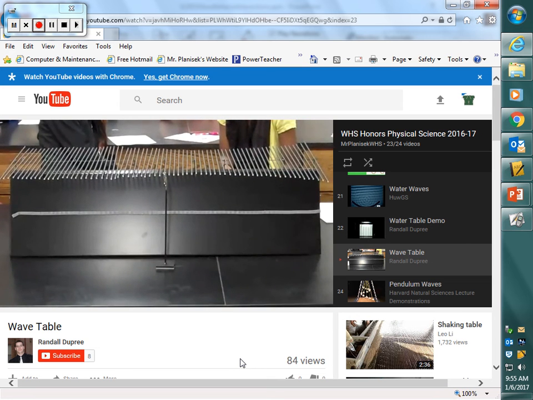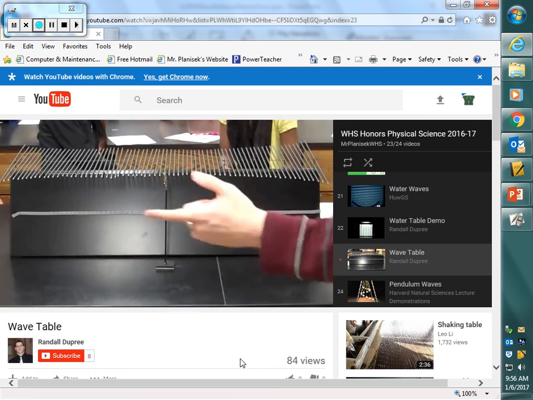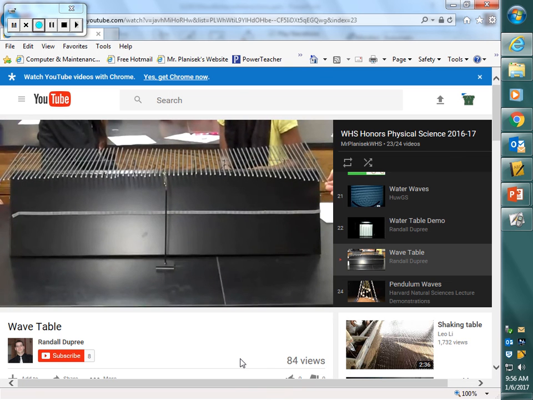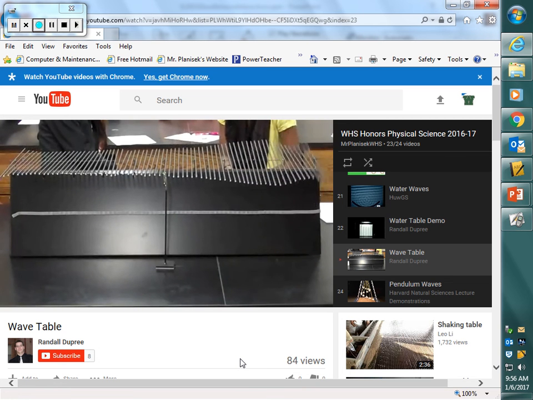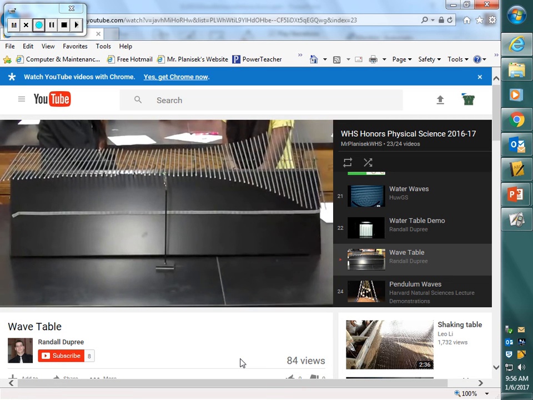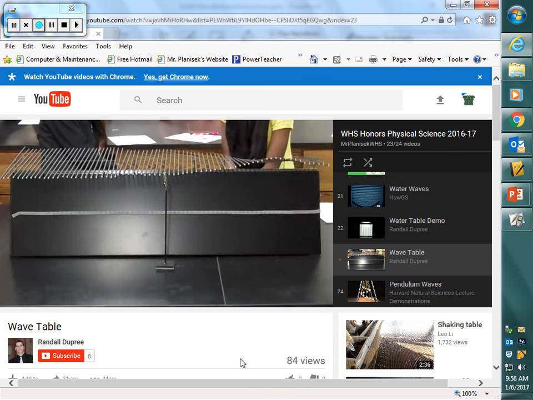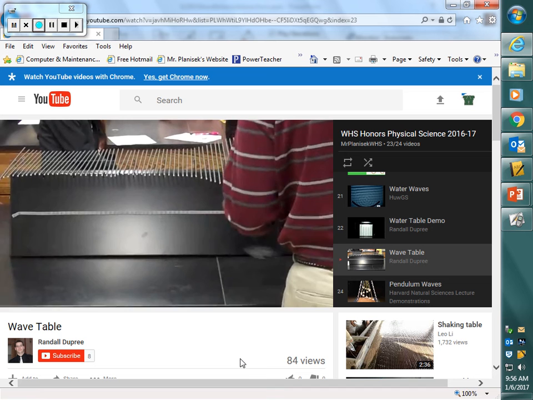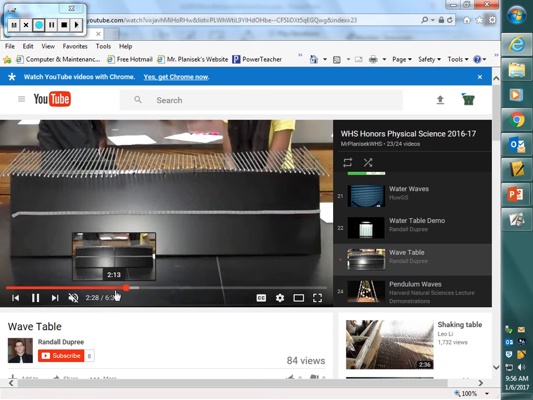All right, so we'll wait patiently here. Right, and it reflects off of there. That's again fixed end reflection, so we flip the amplitude over to the other side. If you watch closely.